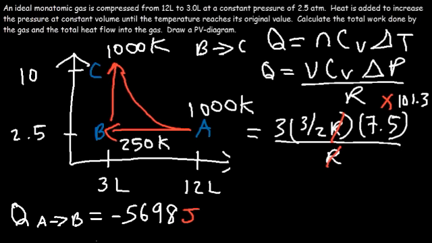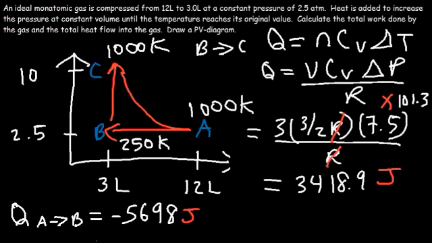So it's 3 times 3 divided by 2 times 7.5. That's 33.75 times 101.3. So this is equal to 3,418.9 joules.